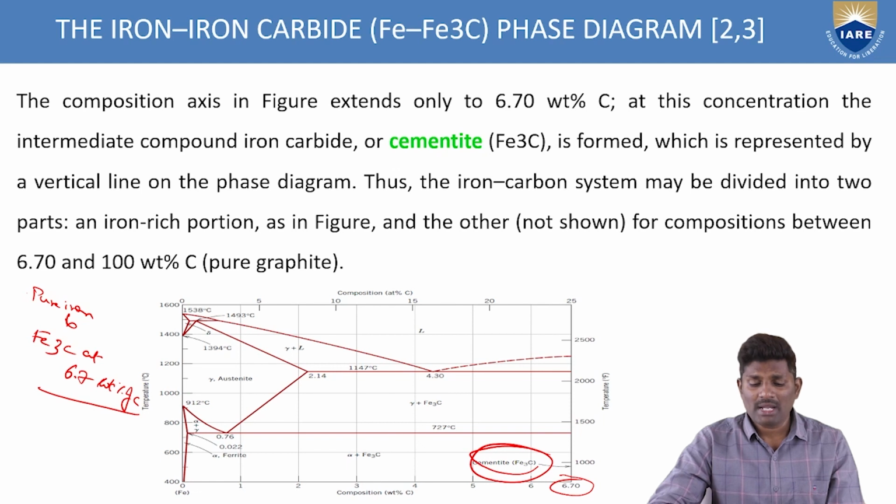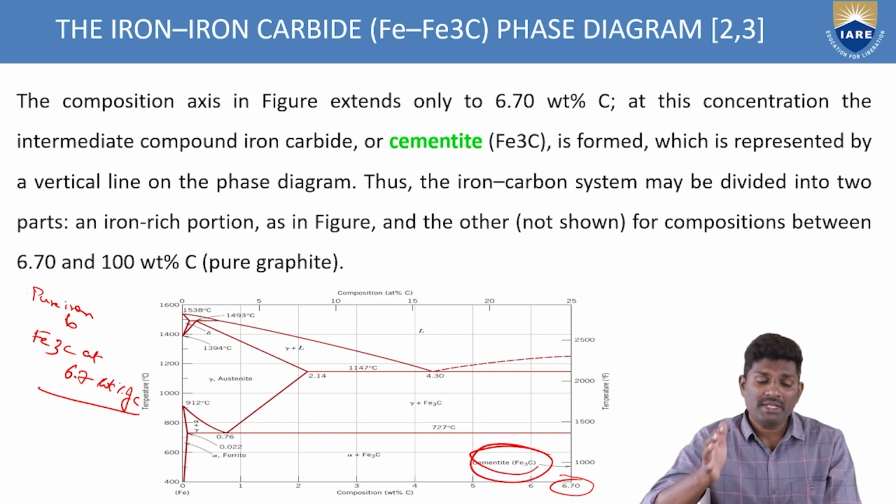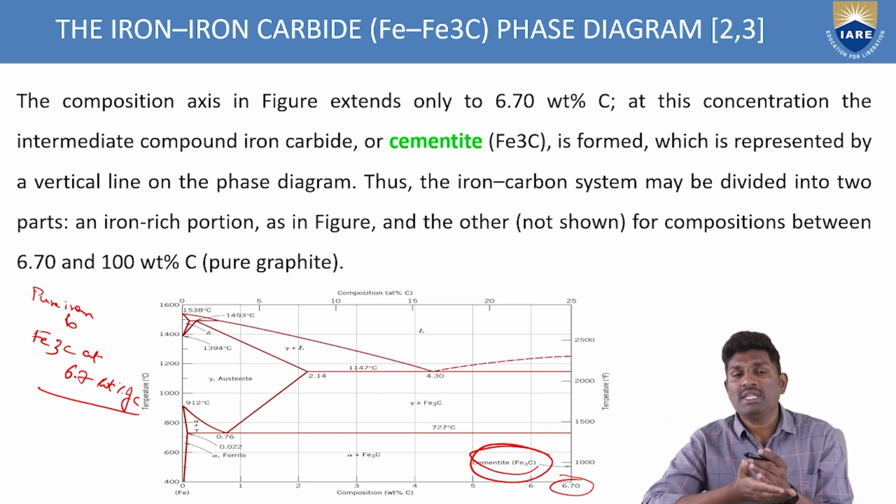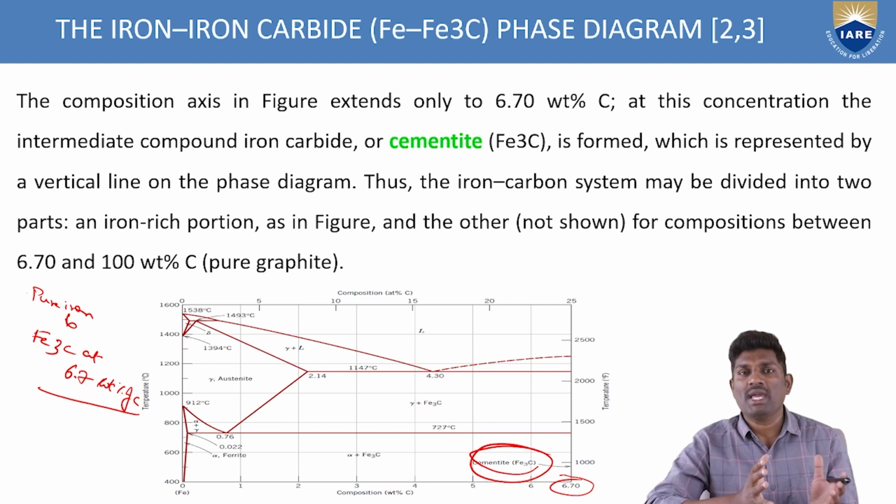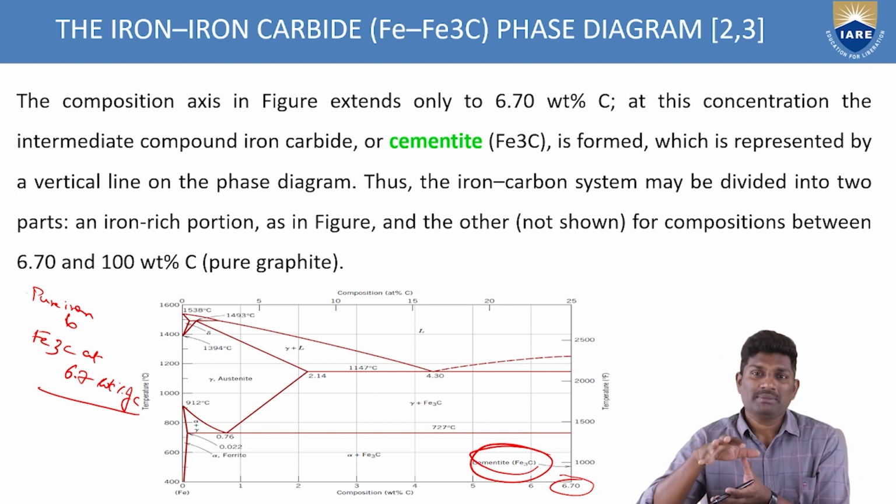Now the iron carbide system can be divided into 2 parts. One is the iron-rich portion, the other is pure graphite. You get pure graphite when there is 100 weight percentage of carbon.